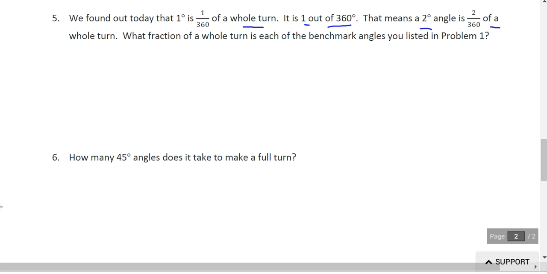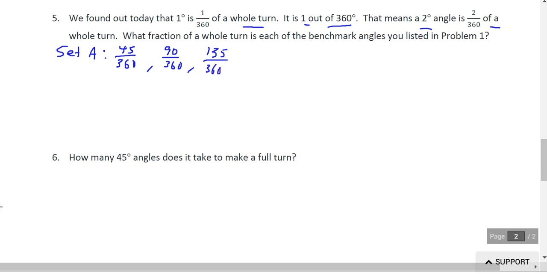Well, set A, so the first one, set A, we started with 45. So that'd be 45 over 360. And then we had 90 over 360. And then we had 135 over 360.